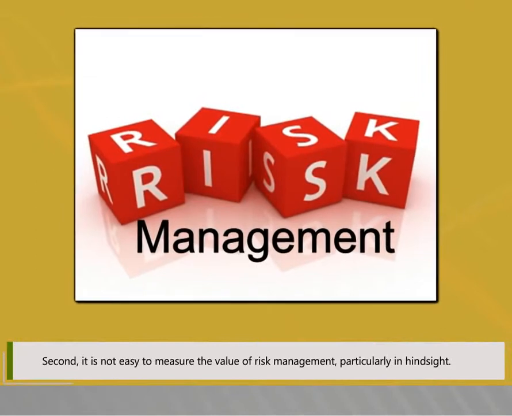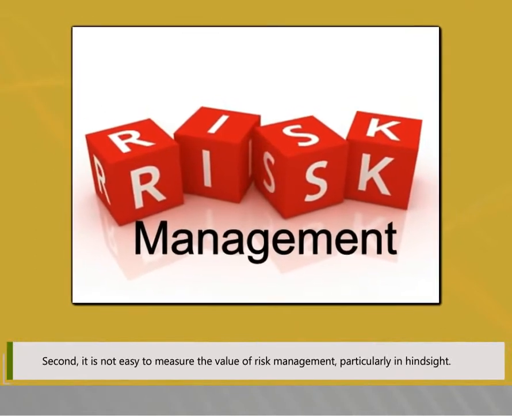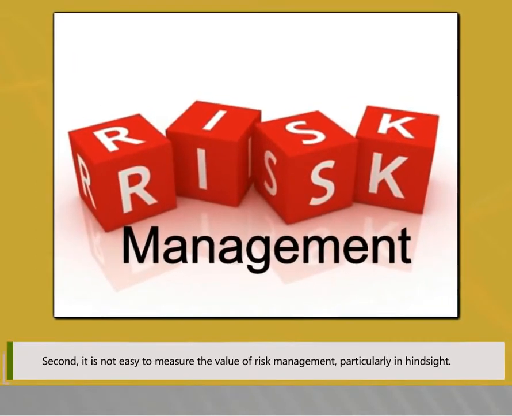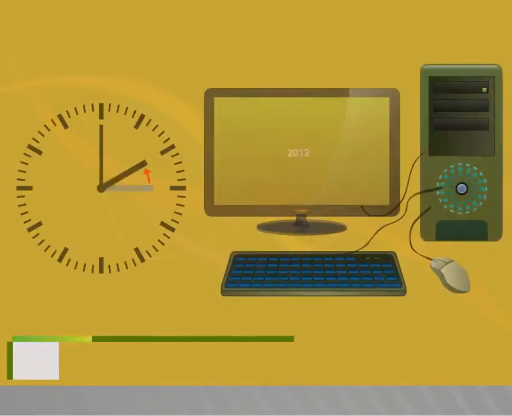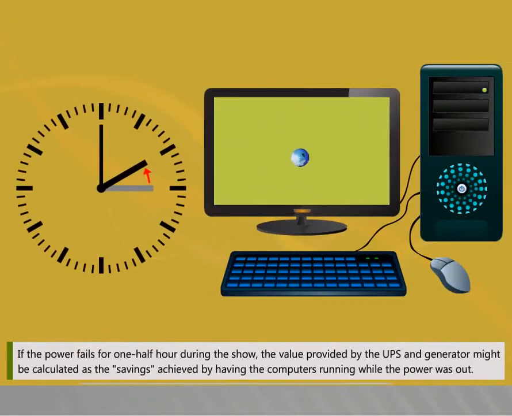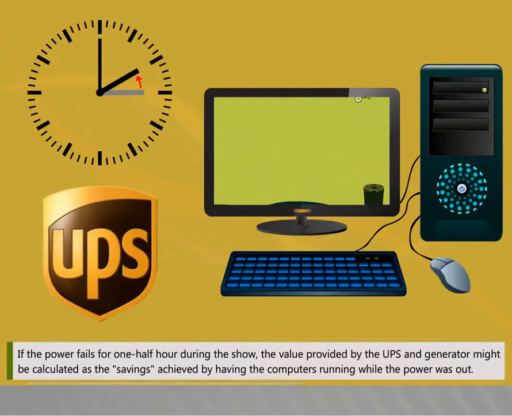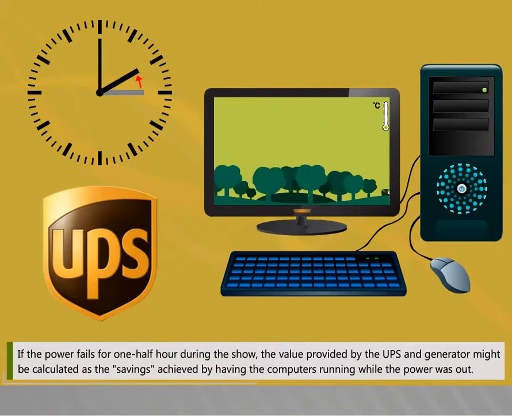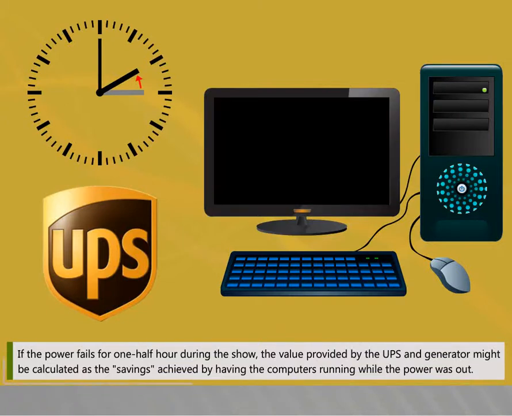Second, it is not easy to measure the value of risk management, particularly in hindsight. If the power fails for 1.5 hours during the show, the value provided by the UPS and generator might be calculated as the savings achieved by having the computers running while the power was out.